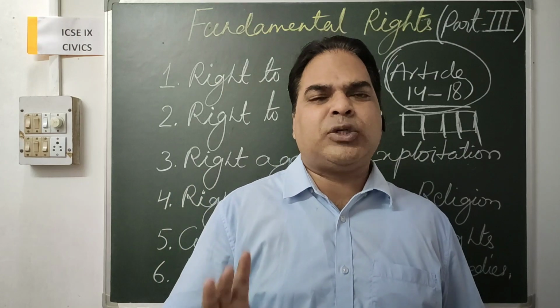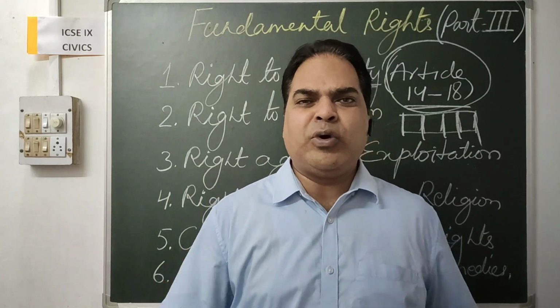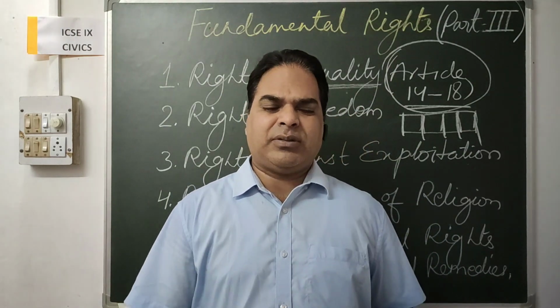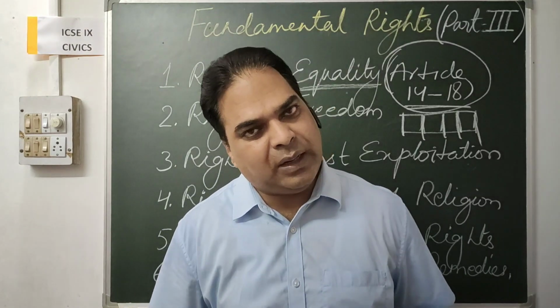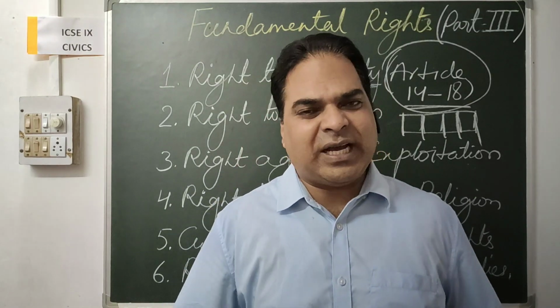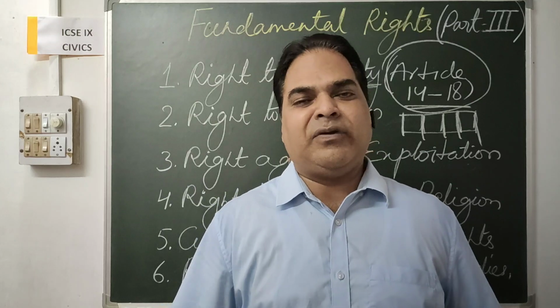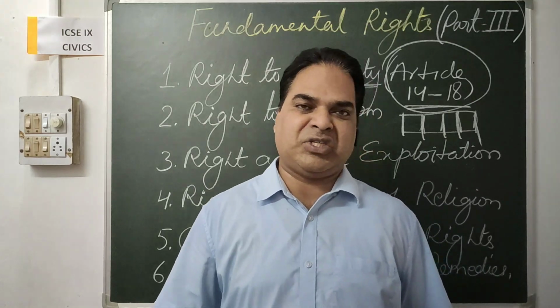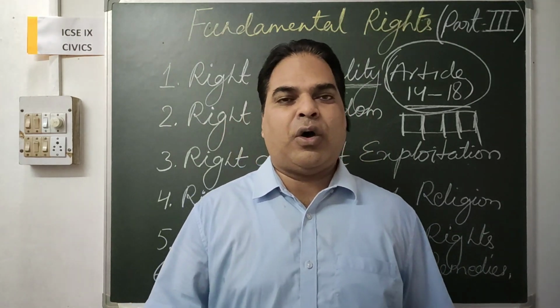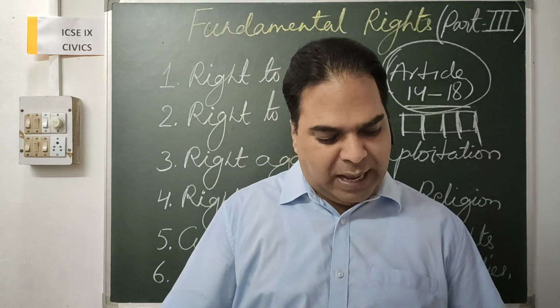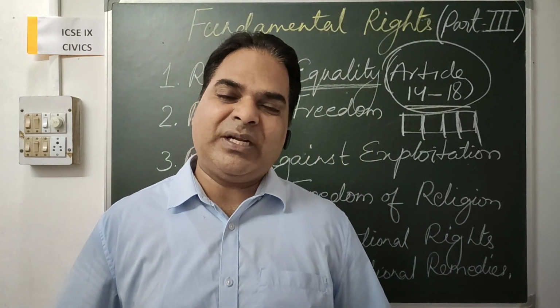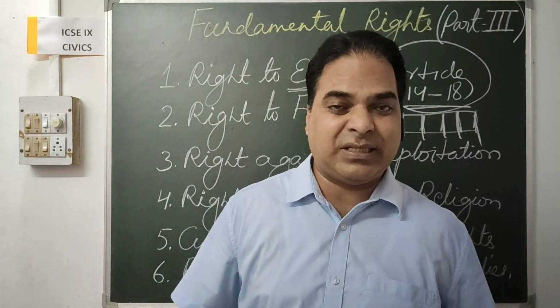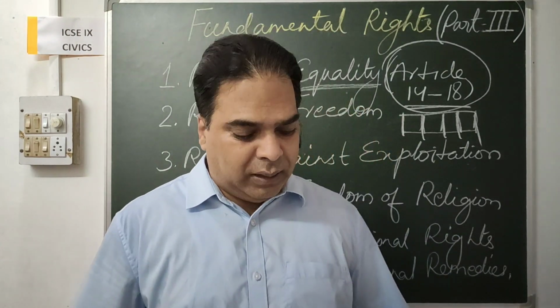If a person has not committed a crime, though he is a poor person and is being trapped, definitely justice will be given to him. Though it will take time, at the end of the day he will get justice. So law is equal for everyone, and we will be treated equally before the law, as mentioned in Article 14.